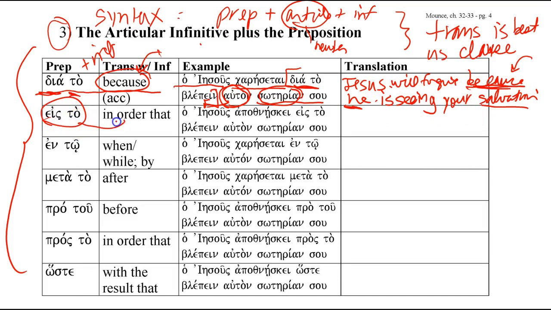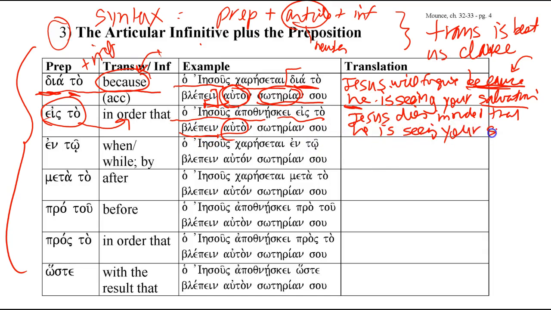Eis to is translated as in order that. So I'm almost using the same phrase, but I made some adjustments. So Jesus dies in order that he is seeing your salvation.